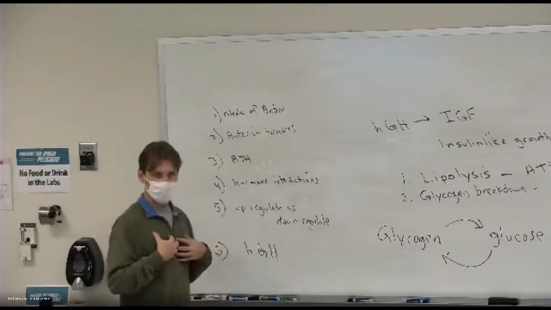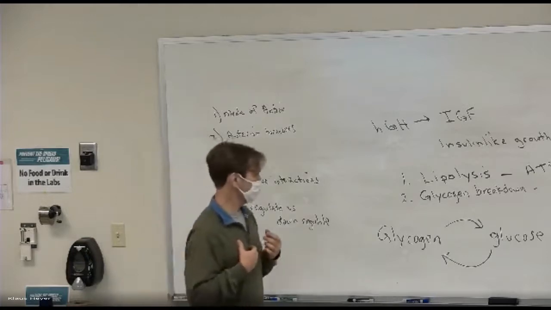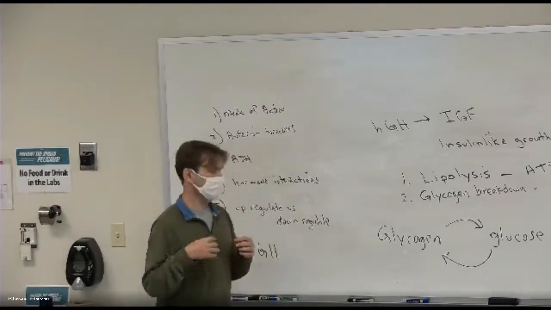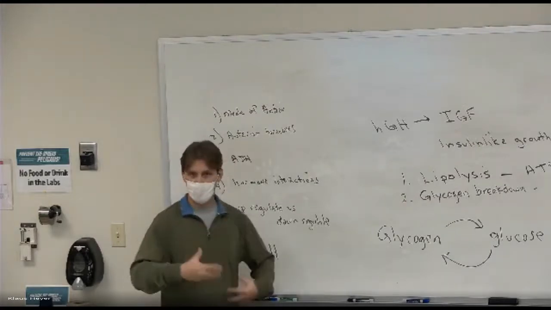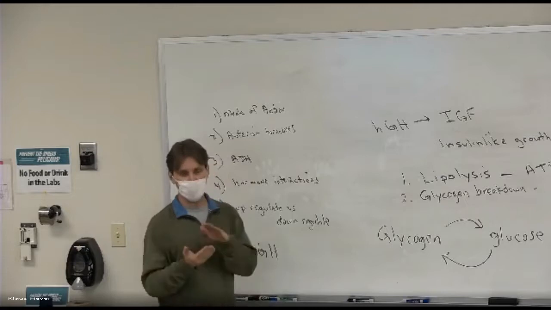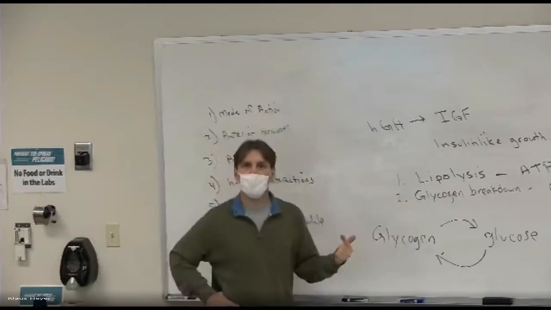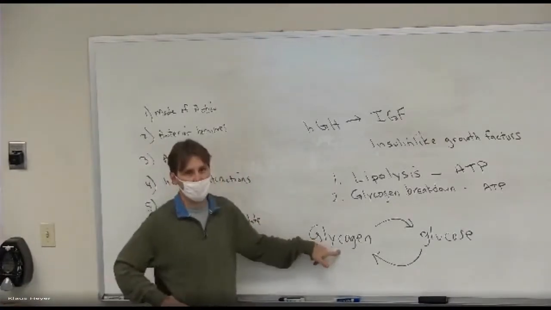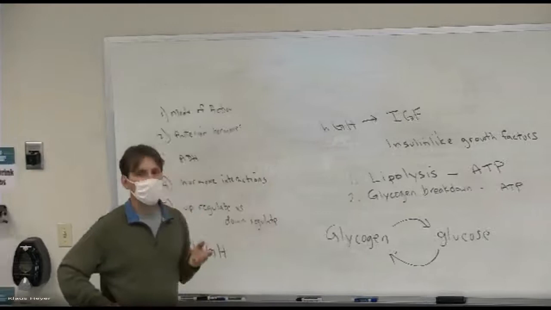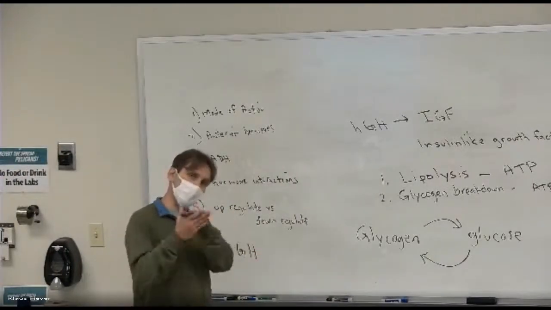I ate breakfast. My body's breaking all that down right now, and my blood sugar is starting to go up. So I'm going to release insulin, and I'm going to store that sugar in my liver and muscles. In a few hours, I'm not going to eat anything else, so my blood sugar is going to start to drop.